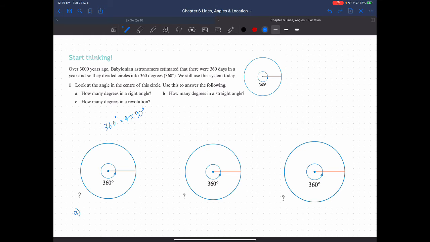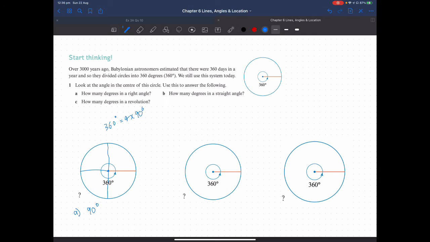So if I take my line and extend it, and then I draw another one which is perpendicular through the center, I've divided the circle into 4 quarters. So 360 degrees is the whole way around the circle. A quarter of 360 is 90, so 90 degrees.